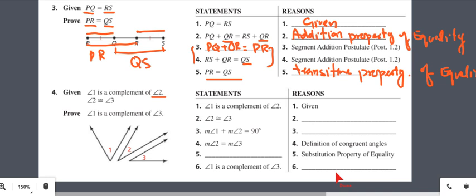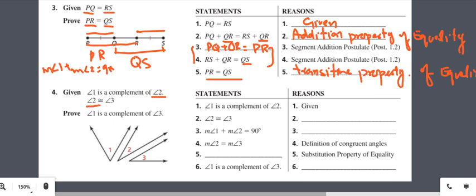Complement of an angle means when you add it to the original angle, the sum would be 90 degrees. If two angles, measure angle 1 plus measure angle 2 is equal to 90, then angle 1 and angle 2 are complements of each other. So we are given that they are complements.